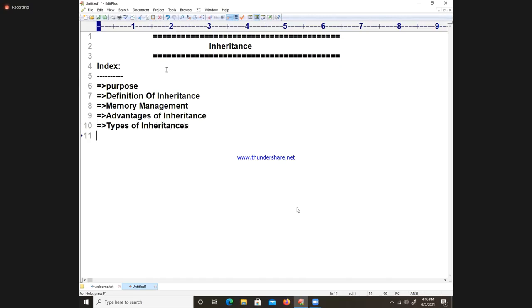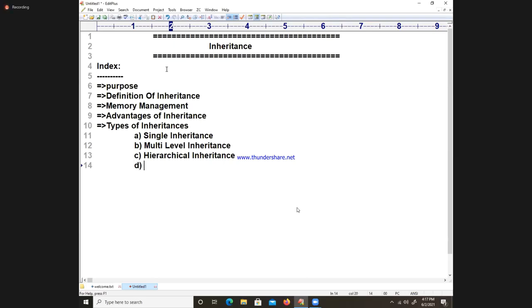There are many types. Under that: single inheritance, then multi-level inheritance, and then hierarchical inheritance.